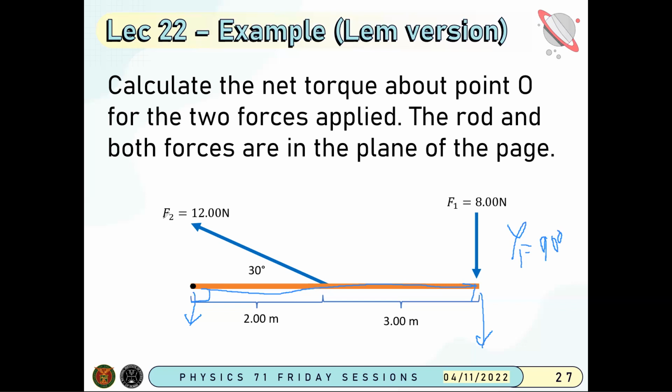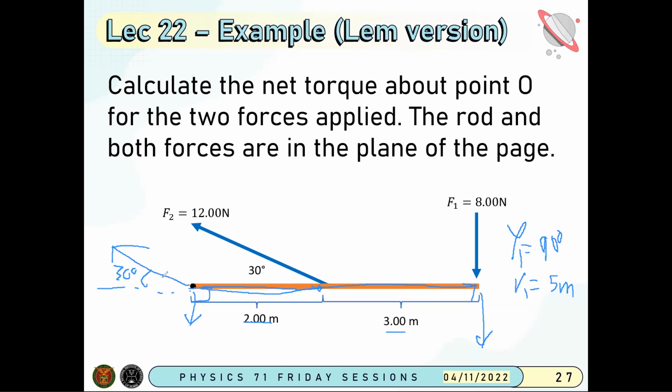Sa F2 naman, so ito ngayon yung R mo hanggang dito lang. Again, R1 naman ay, kalimutan ko, 5 meters. R1 ay 5 meters. Bakit? 2 plus 3. F2 will be here naman. So if you move this to this, you know that this is 30 degrees.